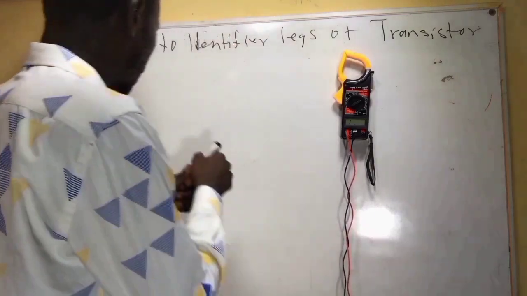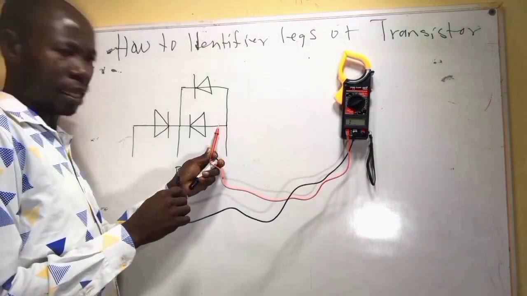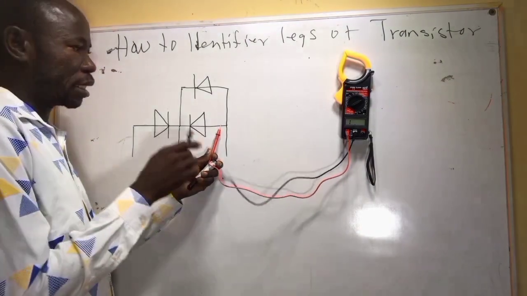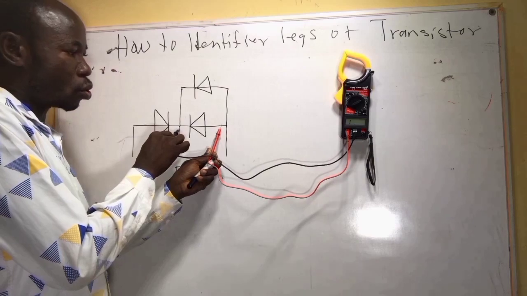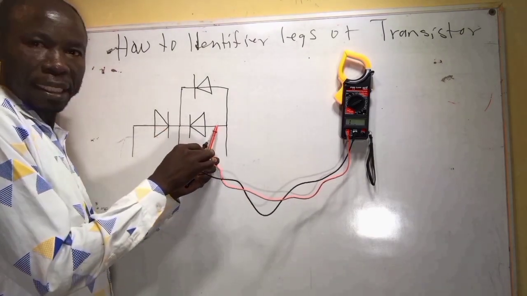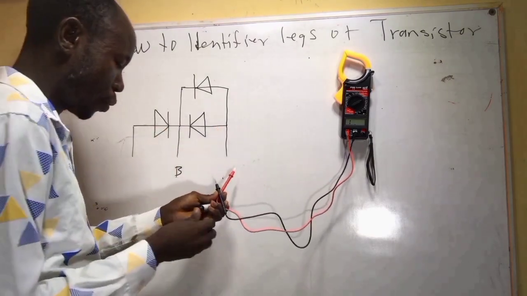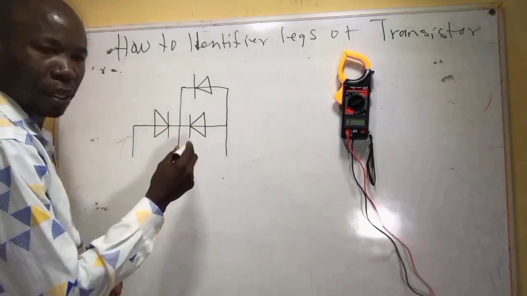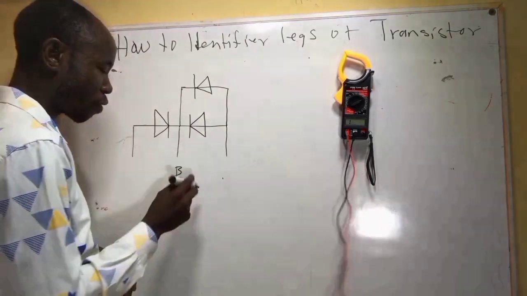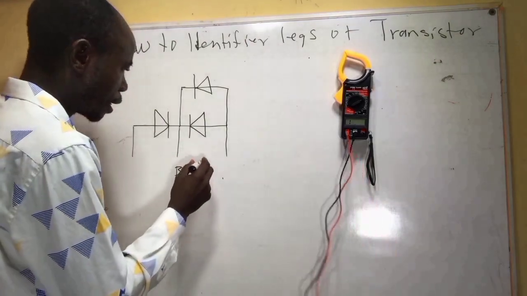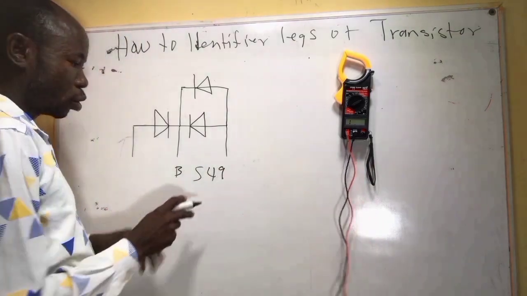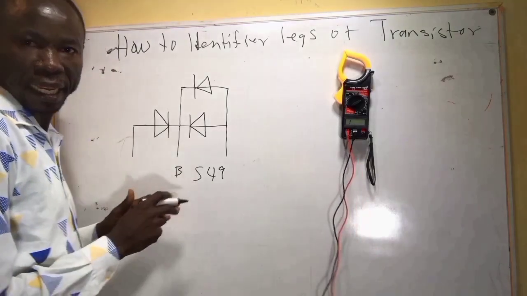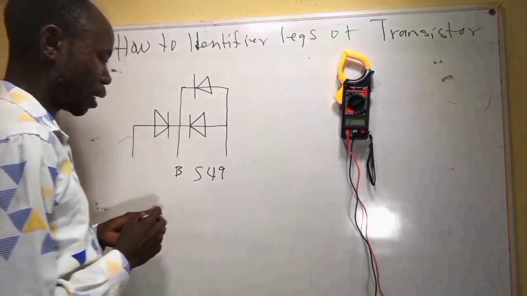So let's see: positive here at the anode, then the negative to the cathode. It will read and give you maybe 549. You have 549 resistance. Okay.